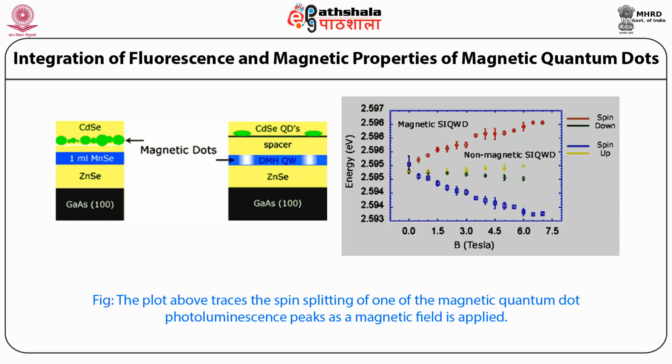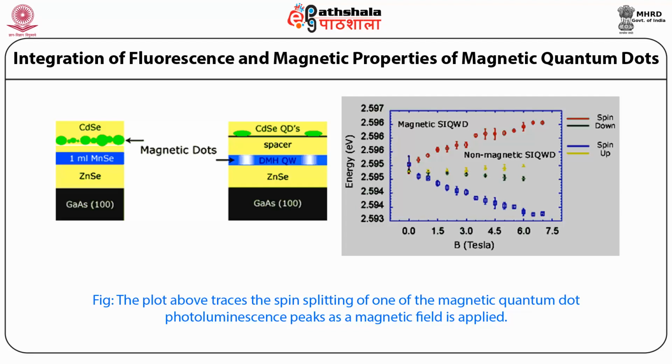The right structure is a variant of the stress-induced quantum well dot samples, in which the dot-like regime is produced by strain and is present in a digital magnetic heterostructure, DMH, a quantum well with incorporated Mn ions.